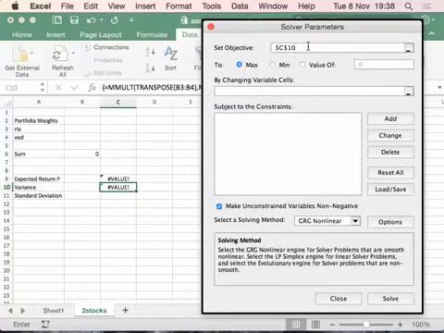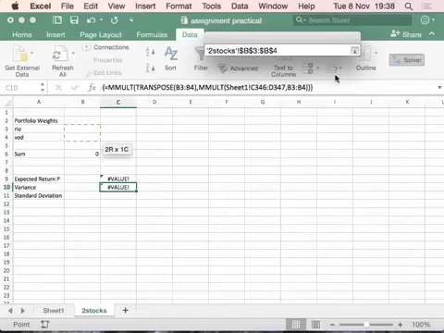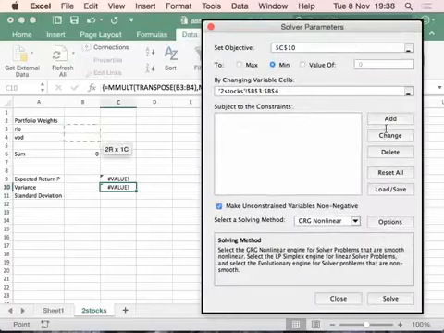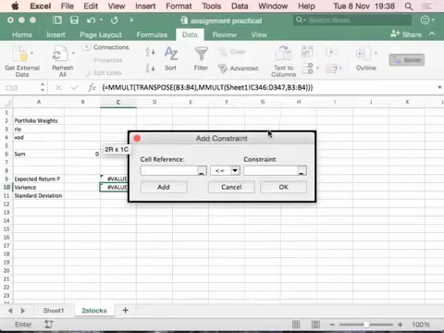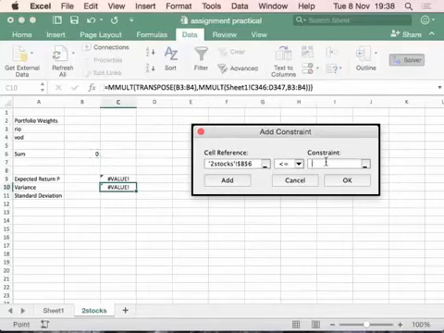Now the objective is to minimize this, so just click min, by changing these. And what I want is a restriction. We will add that this number that comes right here can be equal to 1, but smaller or equal to is fine.